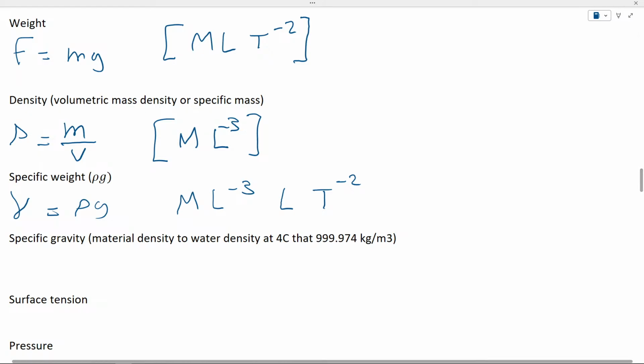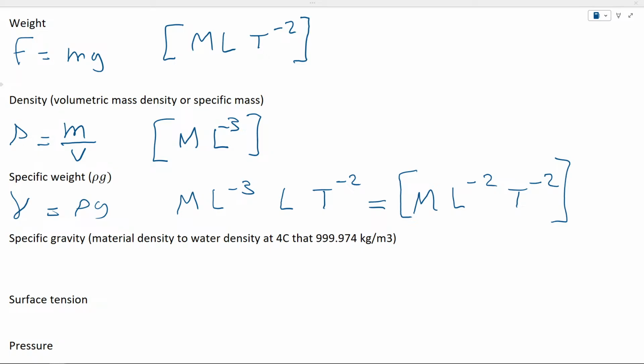So what do we get here? We get m L minus 2 t minus 2. That would be the dimension of specific weight.